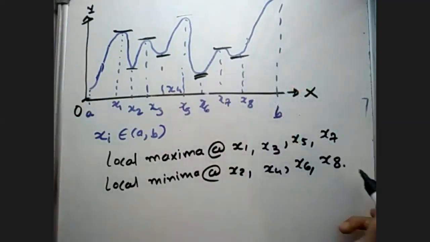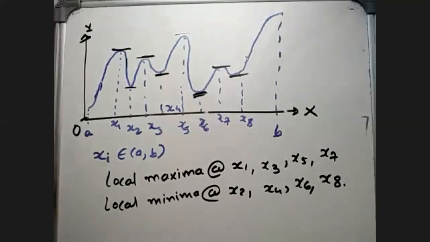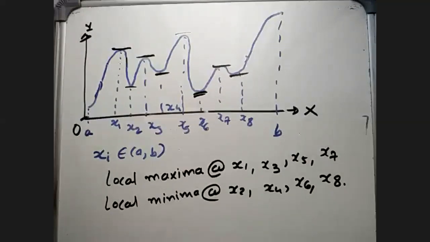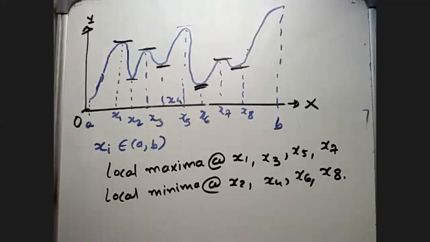So these are your local maxima at x1, x3, x5, x7. These are your local minima at x2, x4, x6, x8. So now what are its global maxima and global minima? So global maxima and global minima means, right?